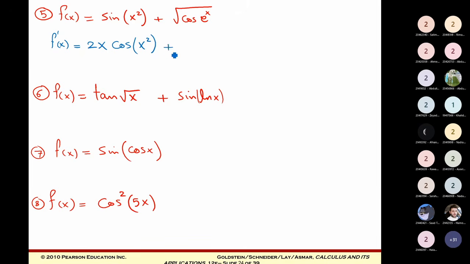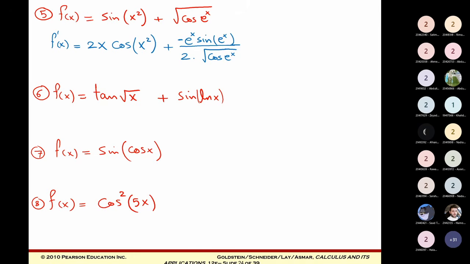Okay. Now, the number 5, f of x equal sine of the angle x square plus radical cosine of the angle ex. So f prime of x equal the derivative of the angle, 2x. After that, the derivative of the sine, this is cosine, and the angle is the same, inside cosine also. Plus the derivative of the radical, this is the derivative inside the root over 2 multiply the same root, cosine ex. What's the derivative inside the root? Derivative of cosine is minus sine, and the same angle ex.